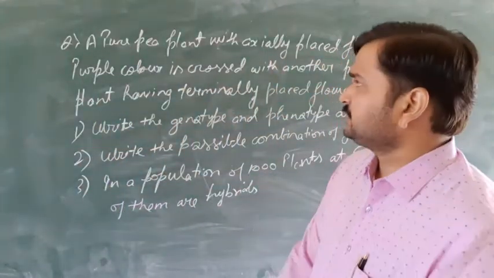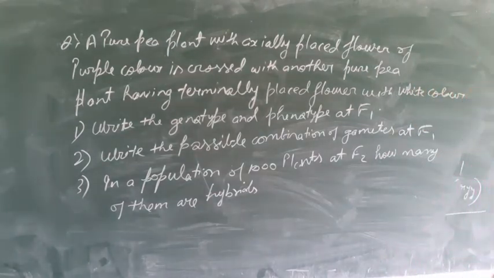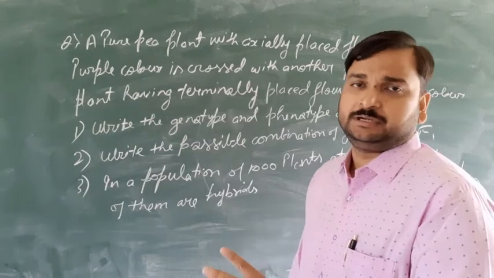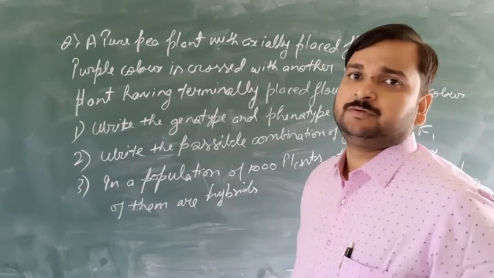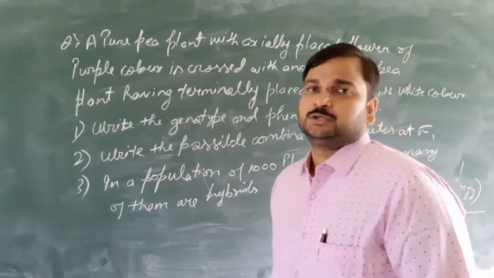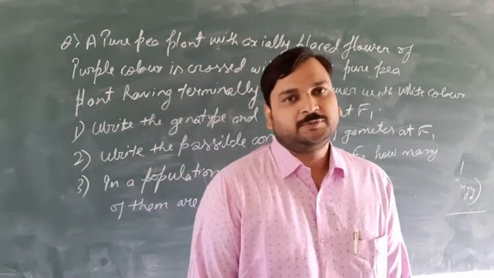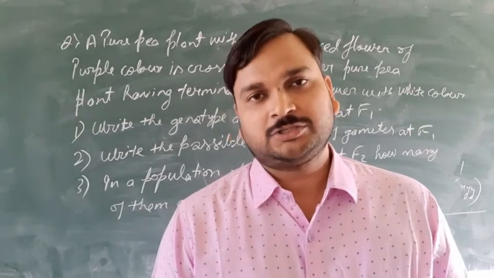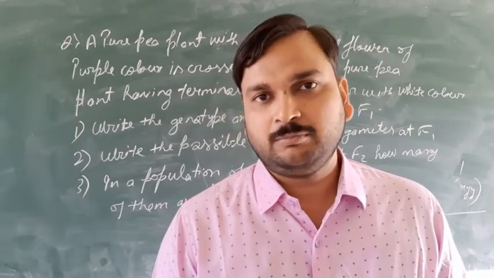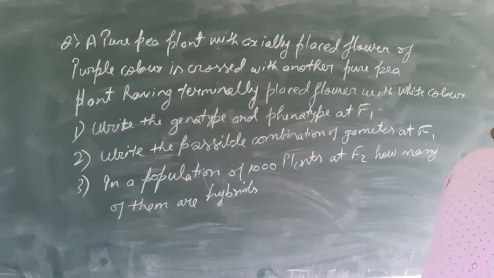So in the question, you can see a pure pea plant with an axially placed flower of purple color. How many characters are considered? 2 characters are considered. That's why this question is of dihybrid cross. In the examination, if a question comes from Mendel's law, your first responsibility is to find out whether this question is of dihybrid cross or monohybrid cross. By seeing the traits, you can confirm it.